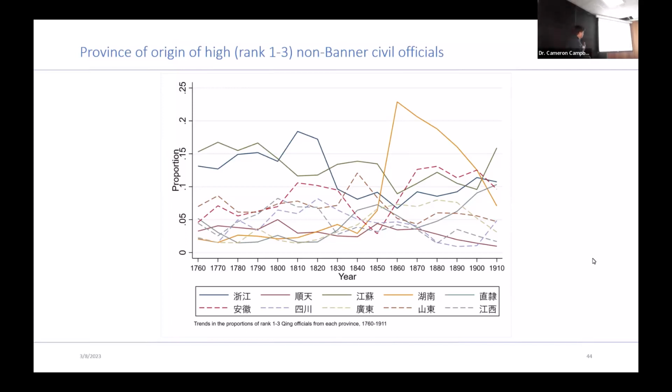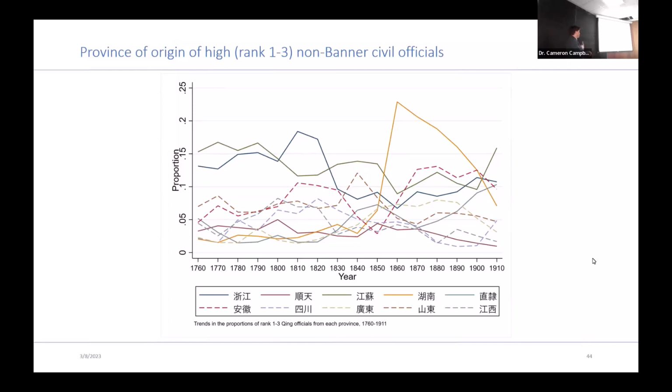The yellow line is the share of people from Hunan. After 1850, you have this explosion of people from Hunan serving in the central government. I think everyone from China will know exactly why.